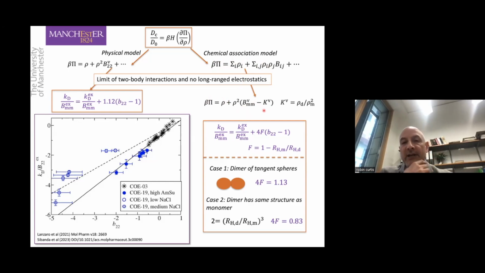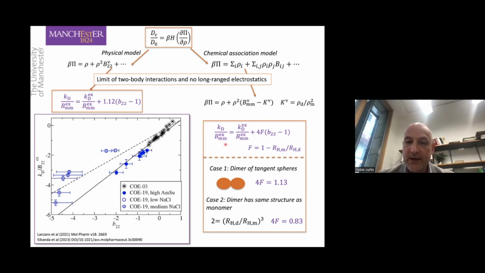And then if you ask the question, well, how do you define whether or not you have a dimer? If we only have, say, short-range attractions, I could always just say that my dimer corresponds to any type of configuration where you're actually sampling that short-range attraction. And if I use that definition of a dimer, then the only other contribution to my virial coefficient would be the excluded volume term.